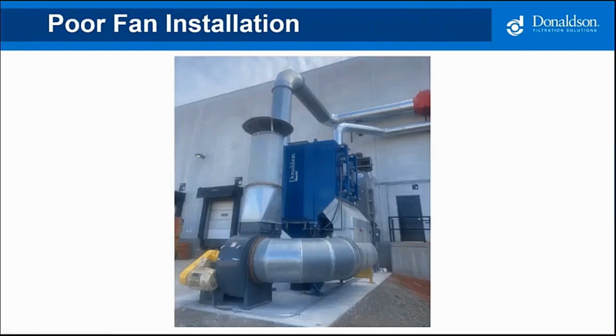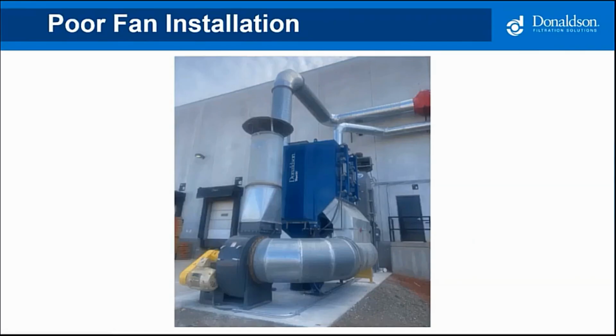This one kind of really takes it all. That's one of our beautiful collectors, but then the ductwork was installed. The mechanical contractor puts a 90-degree elbow right into the inlet of the duct. There are no turning vanes. The air is going to run the outer wall of this elbow, and it's going to lopside our fan, and we're going to have a system effect loss in our fan because it's not designed right.